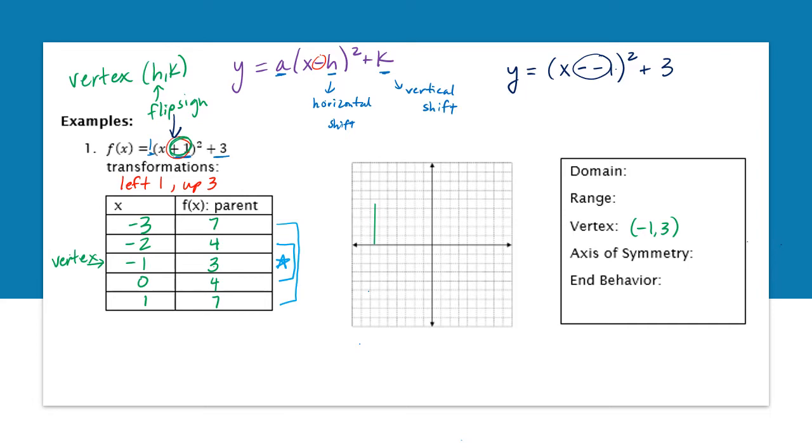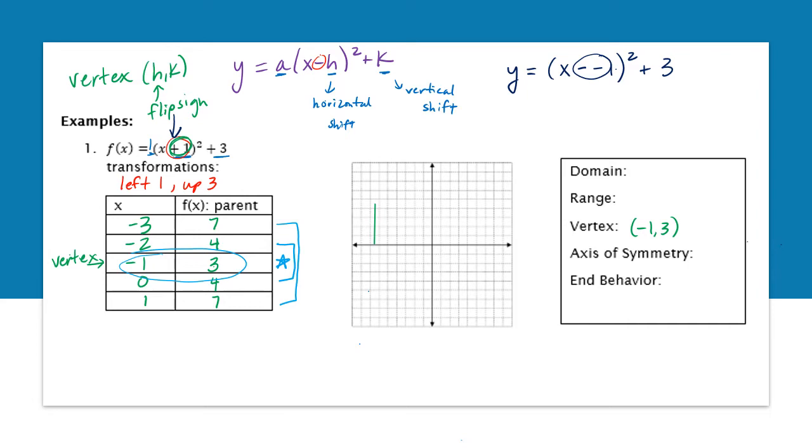So that's a nice way that you can double check that your values are correct, because if you're not seeing that symmetric pattern, something went wrong. And it's also a nice way to double check that you've picked the right vertex, because as long as your vertex is right here in the middle and everything around it is symmetric, that means you did it right.